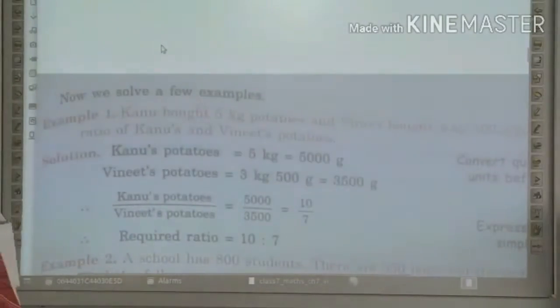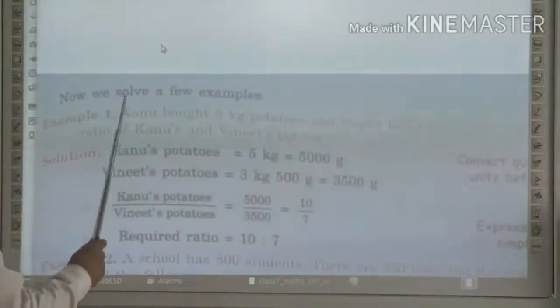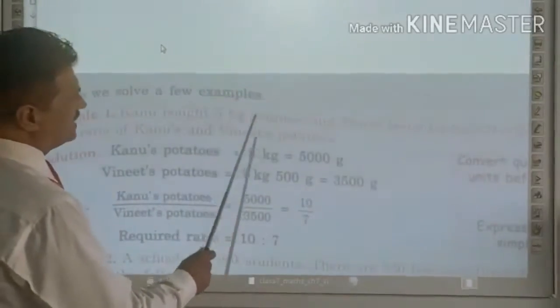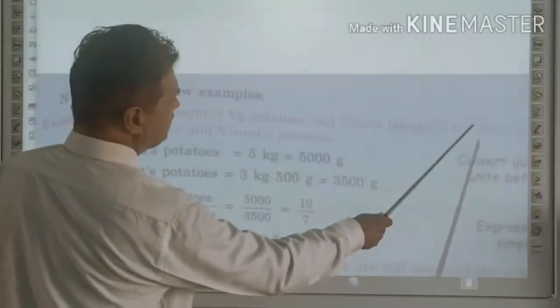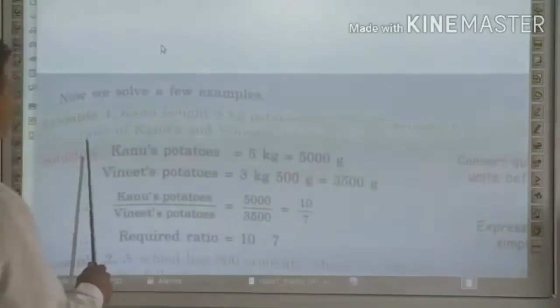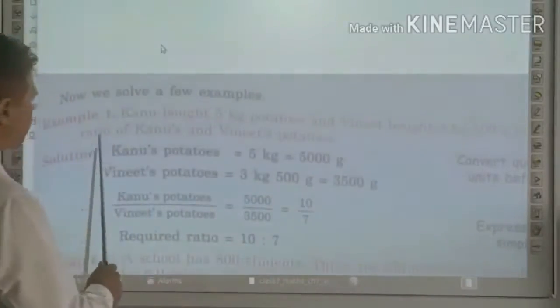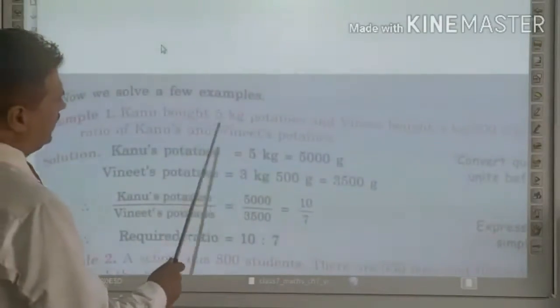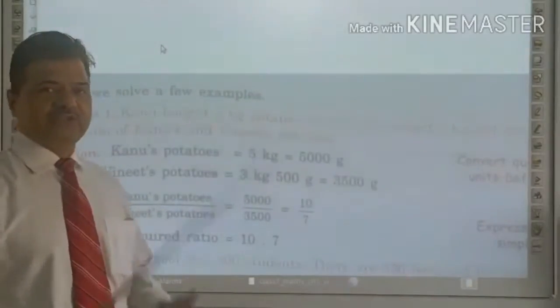Now students, look at this example. First example: Kanu bought 5 kg potatoes and Vinit bought 3 kg 500 grams potatoes. We want to find the ratio between them.